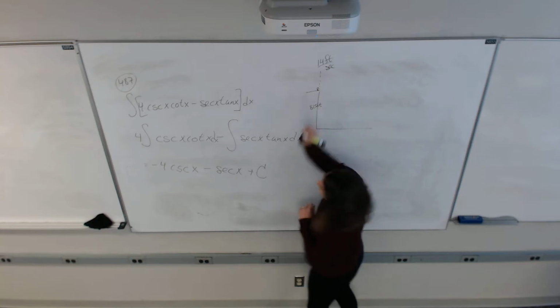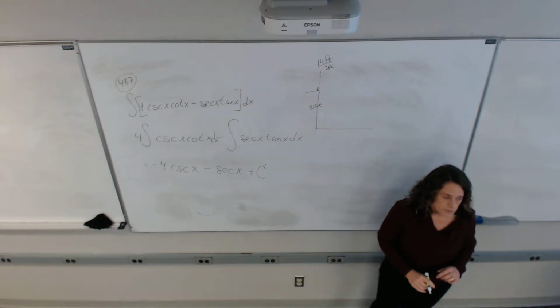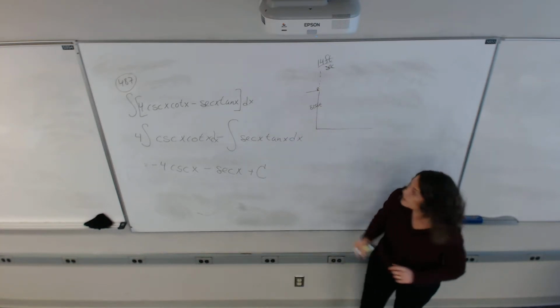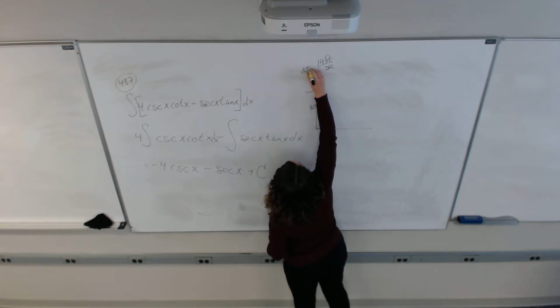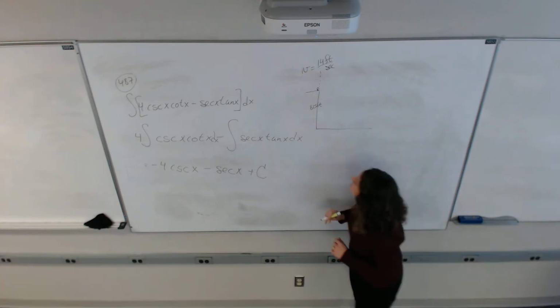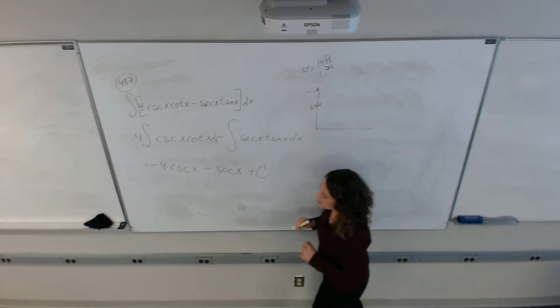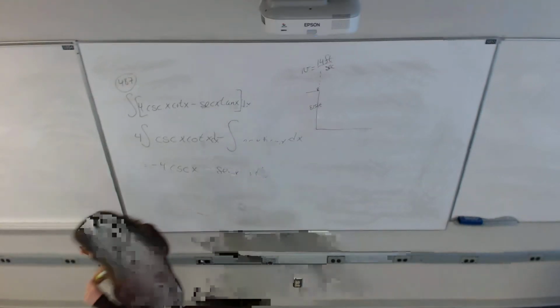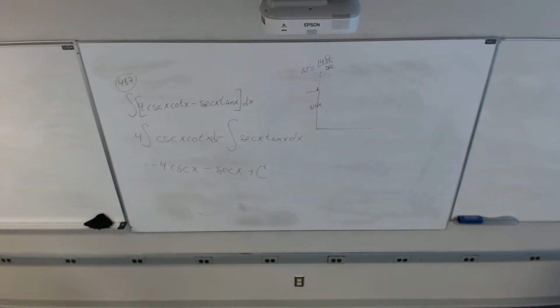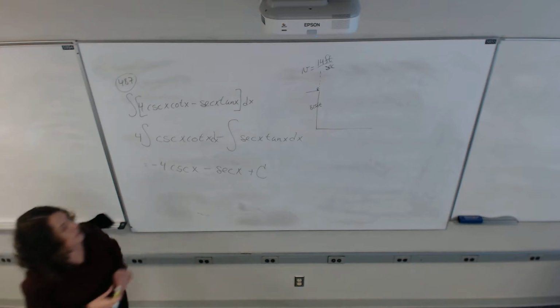14 feet per second sounds like velocity. So this is going to be velocity. And what are the questions that they ask us? How high is the stone 2 seconds later? Okay.